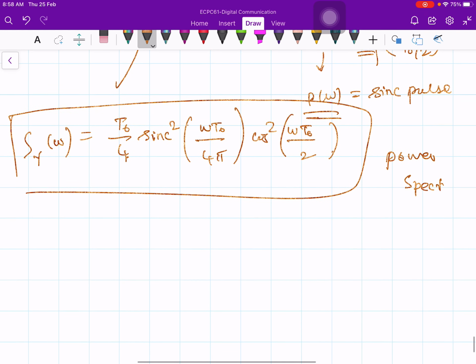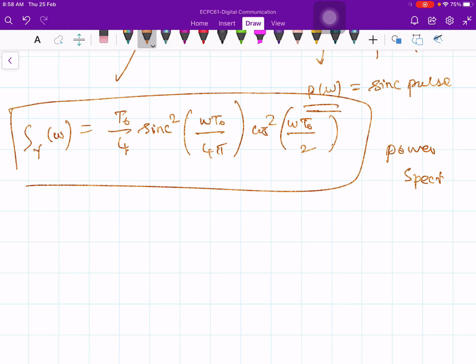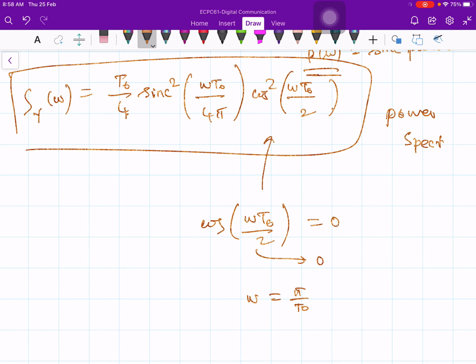So the first thing you notice is that it has a 0. Where do we have 0 in this expression? At what point does it cross 0? Cos of omega t0 by 2. At what point does it cross 0? This I have to get 0. When you substitute omega is equal to pi by t0, then it is crossing 0.